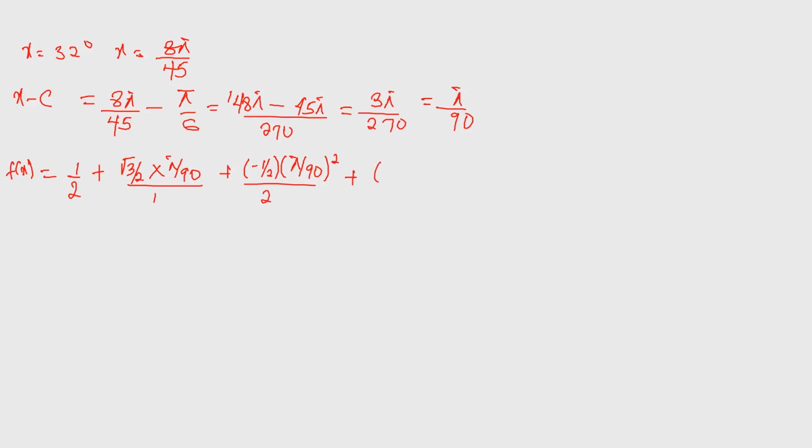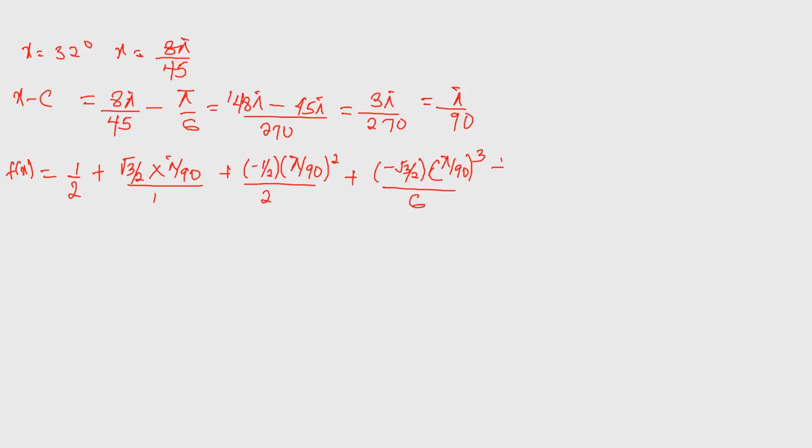Then for the third one, that's f triple prime of c, which is root 3 over 2 multiplied by pi over 90, that is x minus c, cubed, then over 3 factorial. 3 factorial is 6.